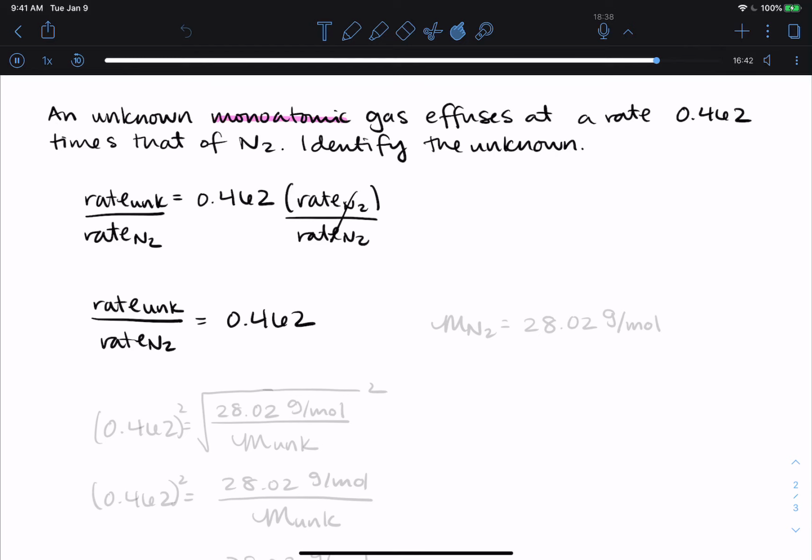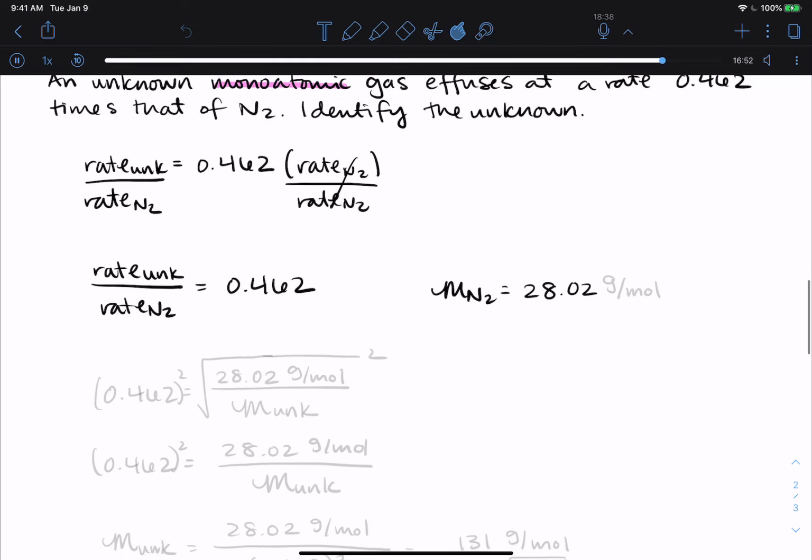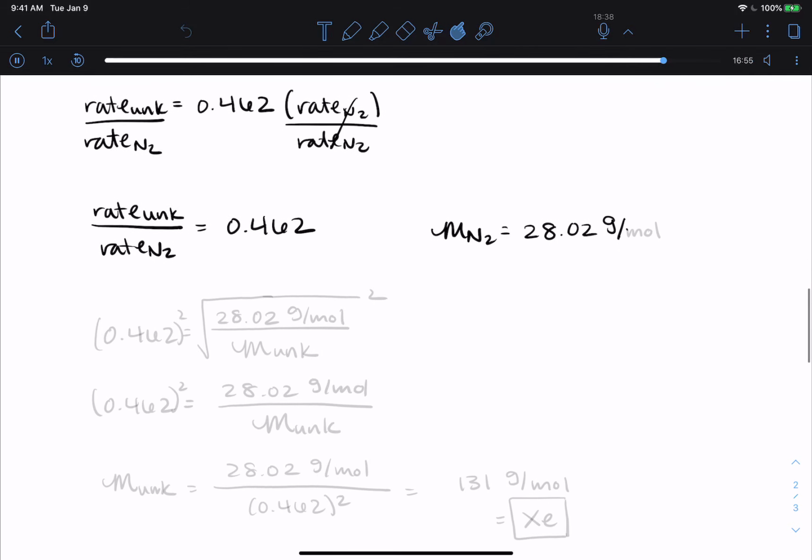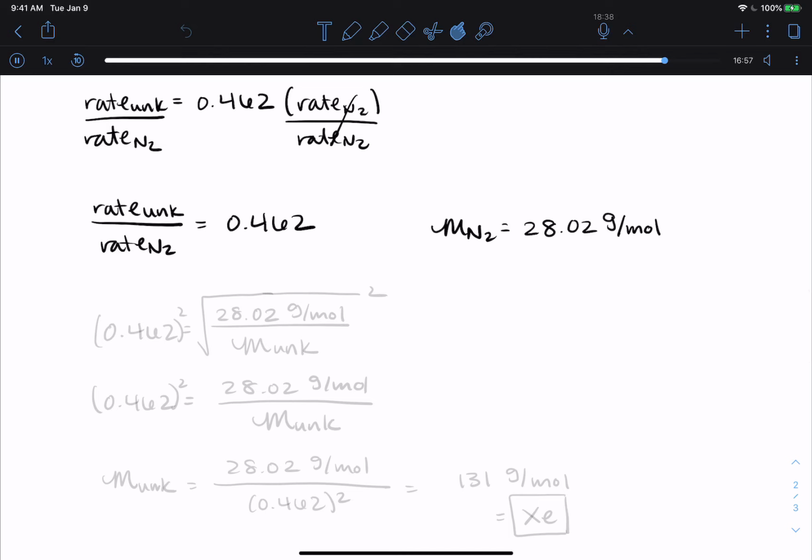All right. The other piece that I need is the molar mass for N2. So you should be able to go to the periodic table and find that N2 is 28.02 grams per mole. So I can get most of this plugged in, right? 0.462 is equal to the square root of the molar mass of N2.